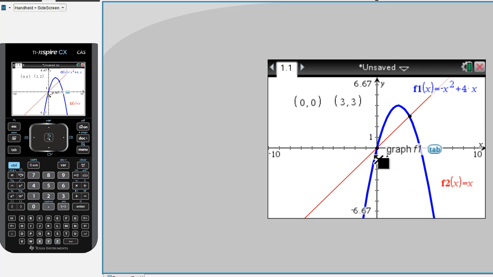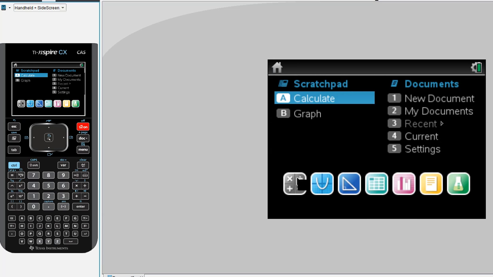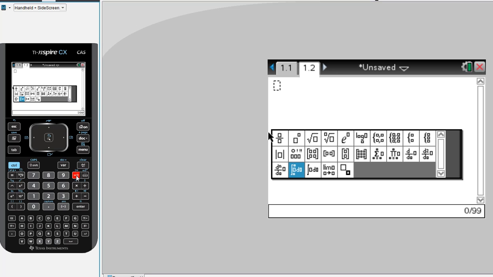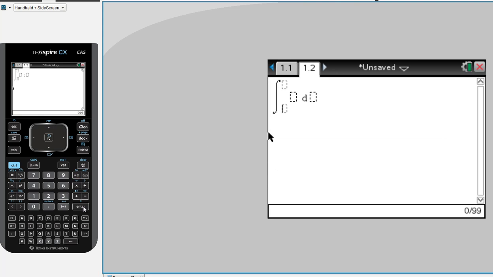Okay, so the x value for the lower limit will be 0 and the x value for the upper limit will be 3. So what we do is basically this. Let's start a calculator page. We're going to find the integral of, let's see, let's put the limits first, from 0 to 3.